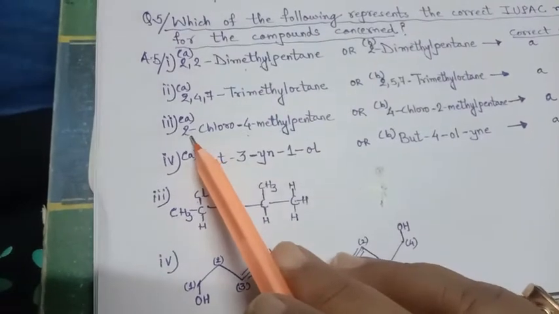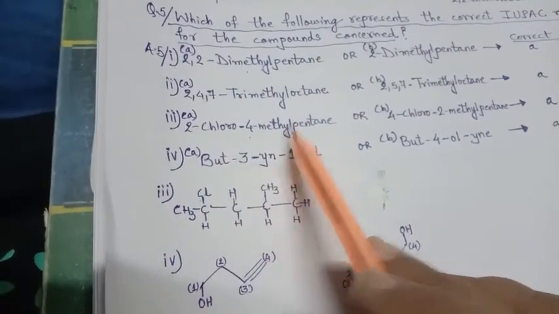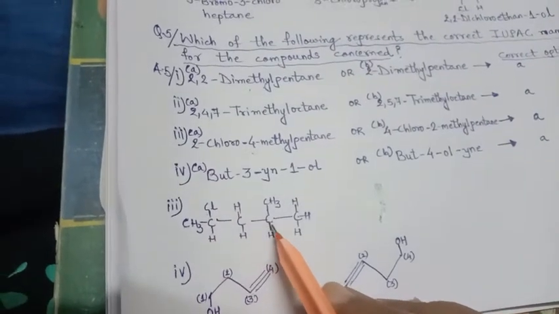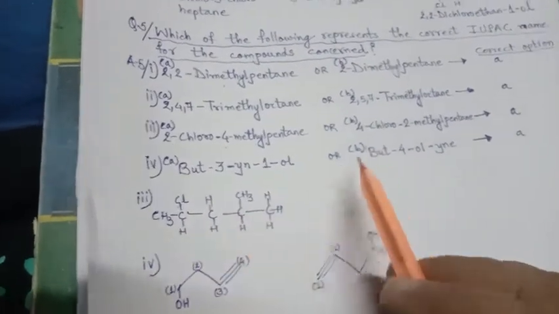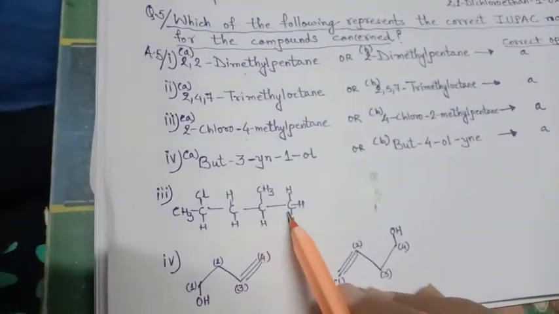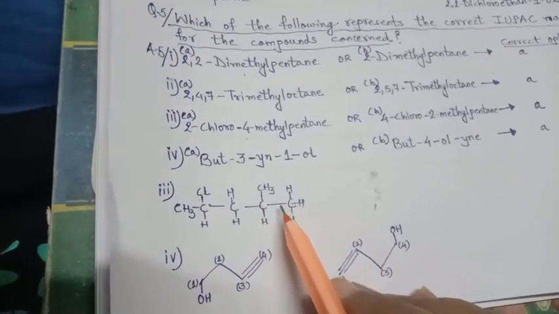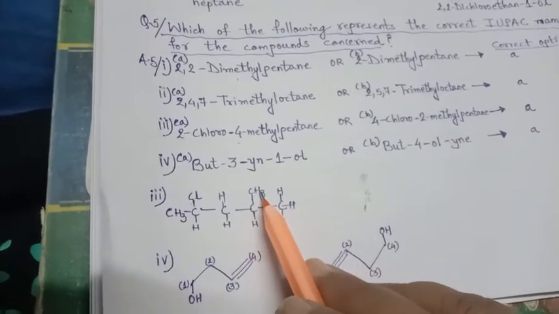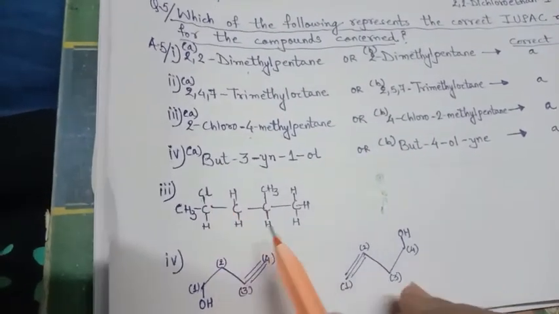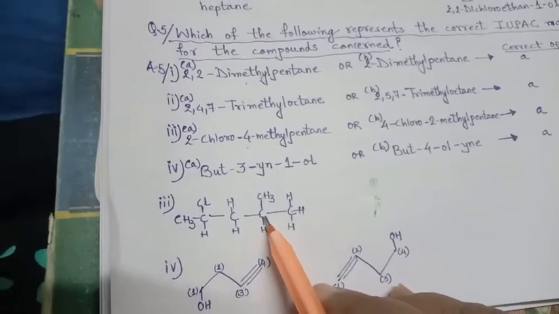If I consider 2-chloro-4-methyl, so on the second position chloro and on the fourth position methyl. Now if I consider this 4-chloro-2-methyl, then what will happen here? 2-methyl, 1, 2, 2-methyl and 3, 4, 4-chloro. Then this will be considered.